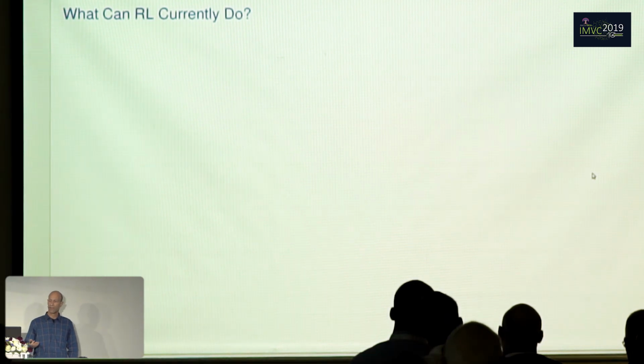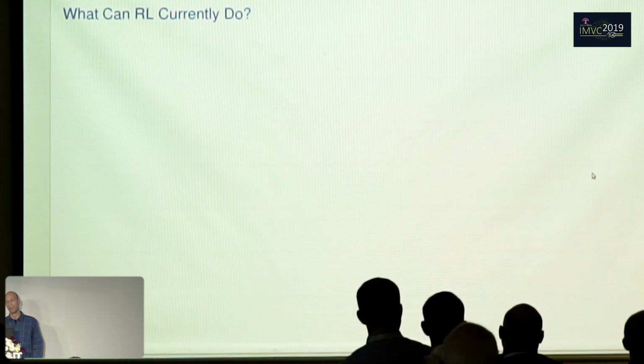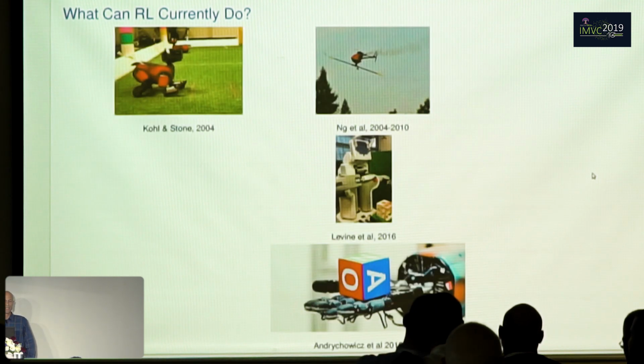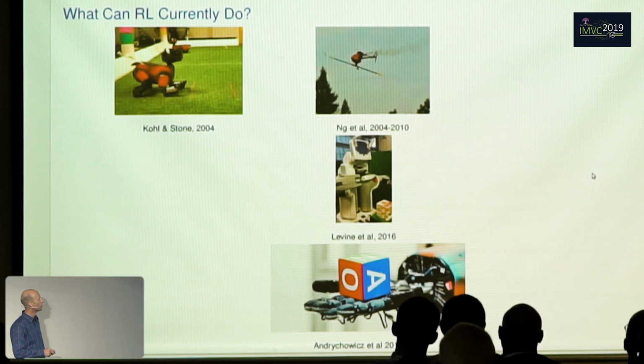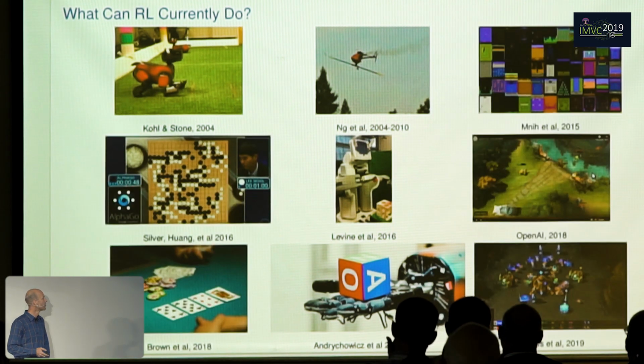Okay, so what can reinforcement learning do these days? I collected several successful applications. For example, from the domain of robotics, reinforcement learning was used to teach robots to walk, to teach autonomous helicopters to fly challenging maneuvers, and also to teach complex manipulation skills. Some of them we'll see later in this talk.